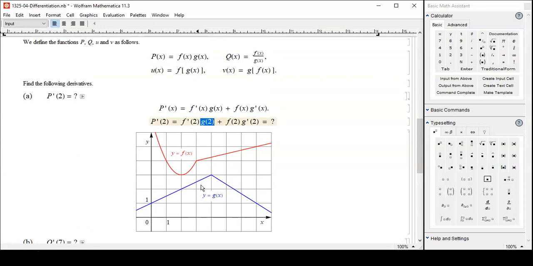That's a blue graph, and g of 2 is the y-coordinate value. That's the function value. Right here, when x equals 2, y-coordinate value is 2. So this value is 2.